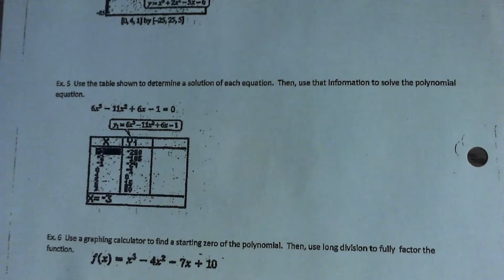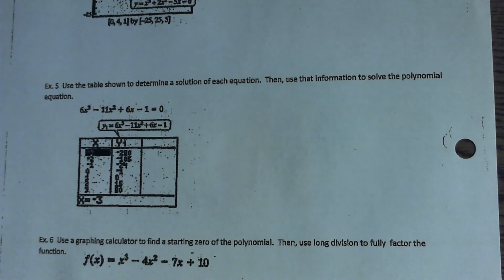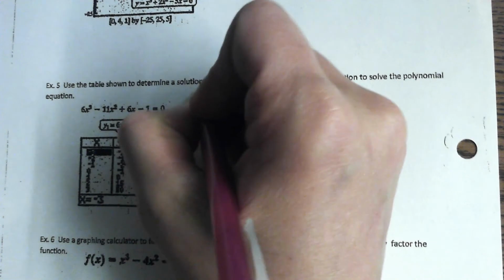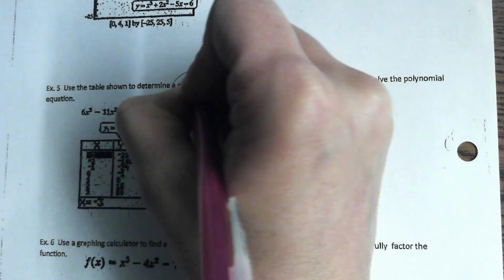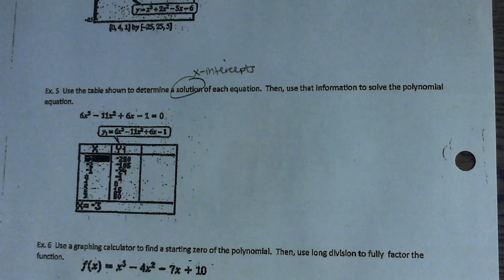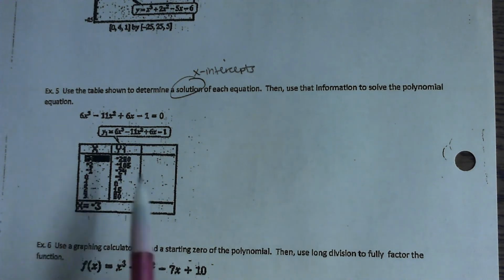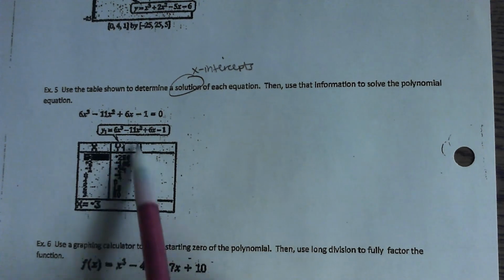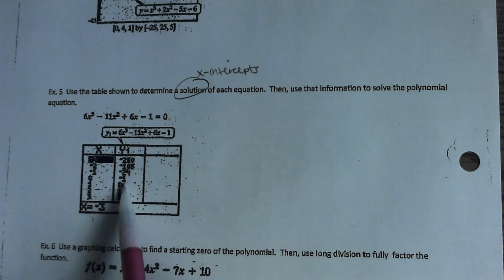Okay? This one gives you your function, but gives you a table to choose your root. Now, roots are x-intercepts. Solutions are x-intercepts. And based on your flashcards, x-intercepts are when what? Y equals 0. So if you're going to find your root, look where your y equals 0, which is here.